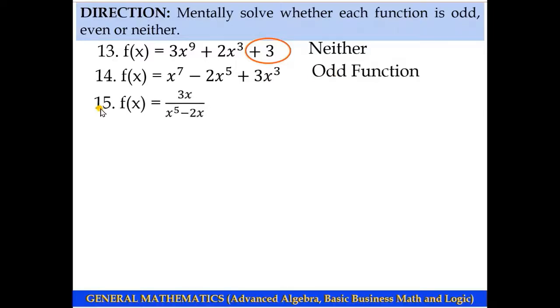Number 15. F of x is equal to 3x over x raised to 5 minus 2x. And this problem number 15 is very similar to the previous problem number 4, in which our numerator is containing a variable x and the denominator is containing a polynomial with variable x.